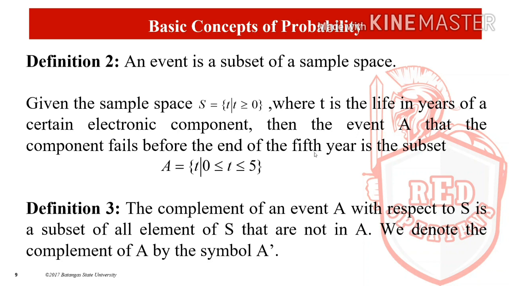If the component fails before the end of the 5th year, our life in years is greater than or equal to 0, meaning our event A is T such that T is less than or equal to 5 but greater than or equal to 0. That is how it is for events.